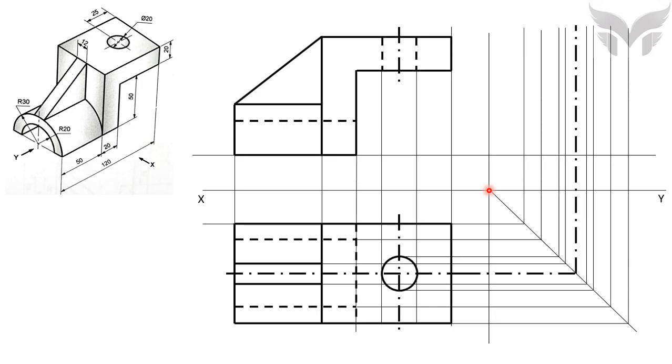After this, take the projectors from each and every point of front view towards right. After you take all projectors, take a note, to draw side view, you no longer need to use a ruler for measurement purpose, because this projector is going to help you to give all the measurements.